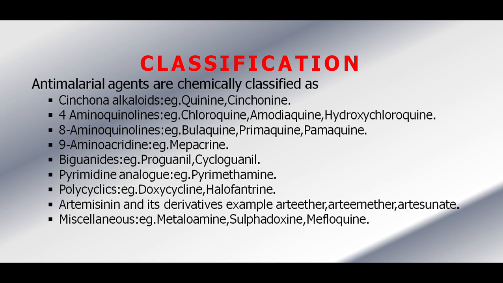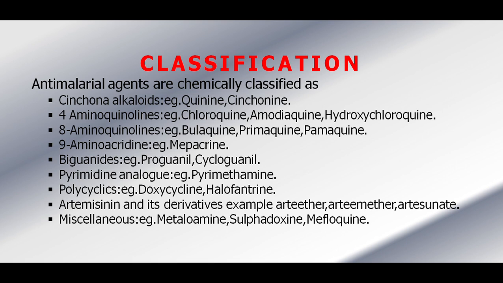Now these drugs are called polycyclics because they have a chemical ring that is described as polycyclic rings. A good example is doxycycline, which is an antibiotic, and then halofantrine.